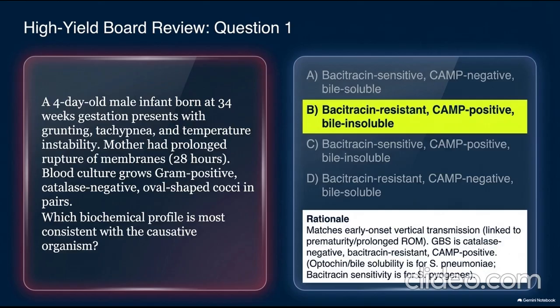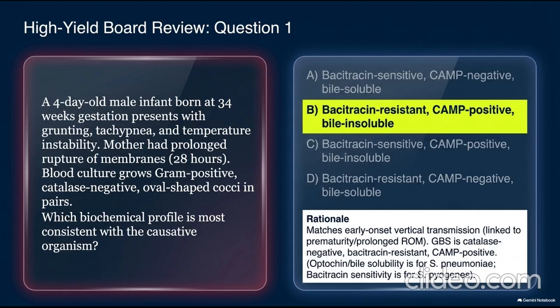Is it A. The disease is classified as early onset and was vertically acquired during delivery. B. The infection is strongly associated with recent maternal obstetric complications. C. This late-onset presentation is most commonly associated with capsular serotype 3. D. The disease is typically non-invasive and can be managed with oral amoxicillin.